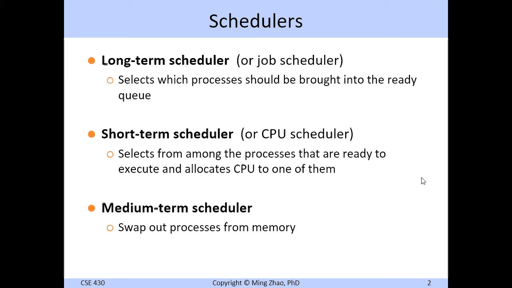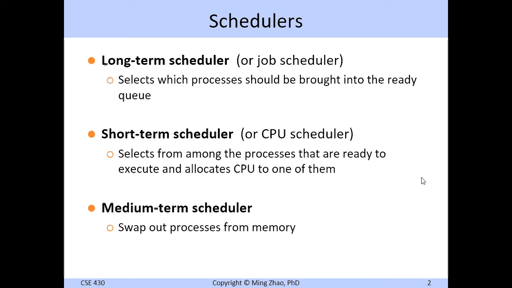Then we have the short-term scheduler, also called the CPU scheduler. From all the processes brought into the ready queue by the long-term scheduler, the short-term scheduler decides which process should be run next. So it selects from the processes that are ready to execute and allocates CPU to one of them.